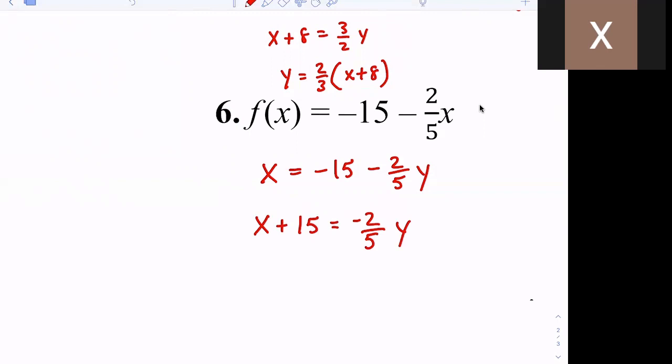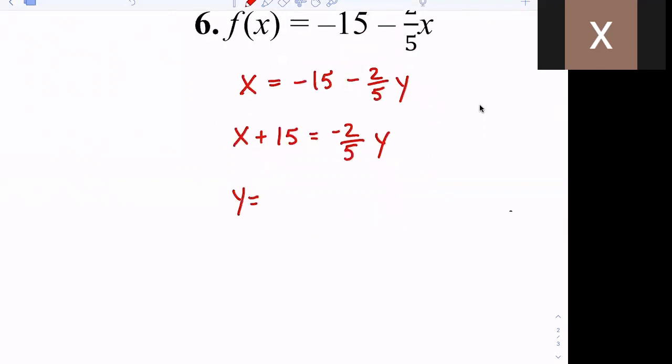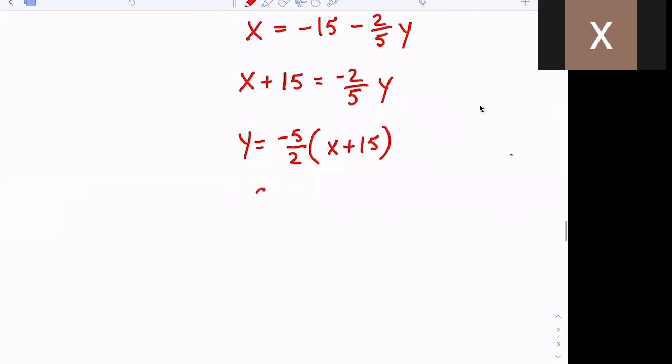Now it requires a reciprocal, so we multiply by the reciprocal. y equals, what is the reciprocal? Negative 5 over 2, open parentheses, x plus 15. So now f inverse of x equals negative 5 halves parentheses x plus 15.